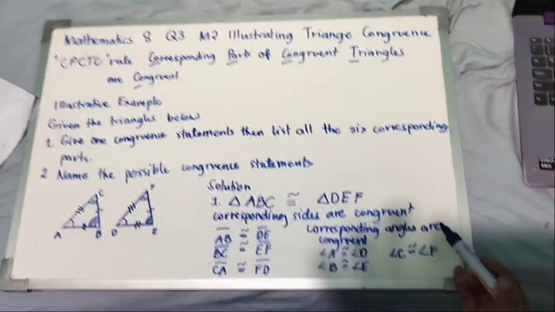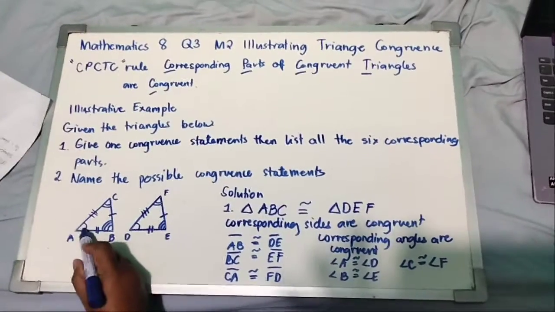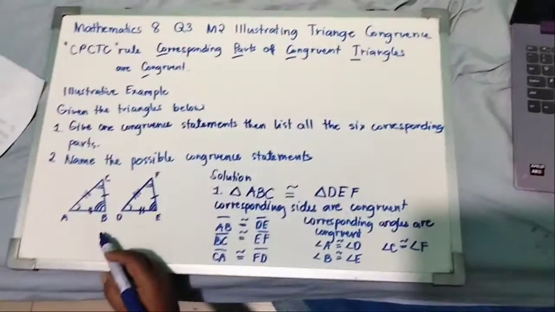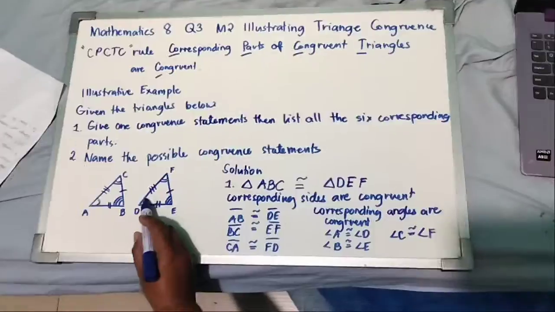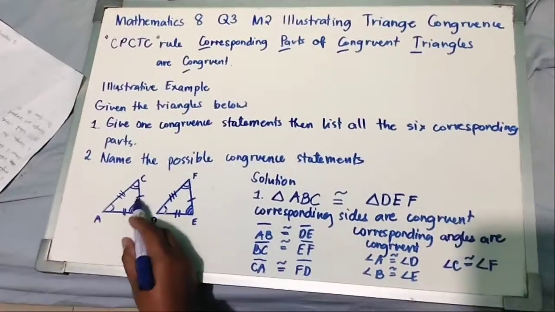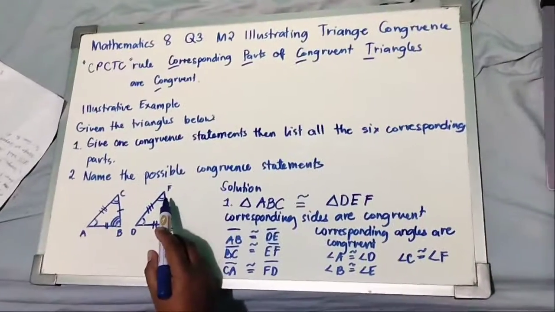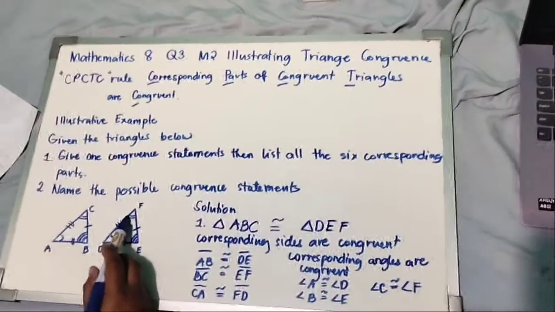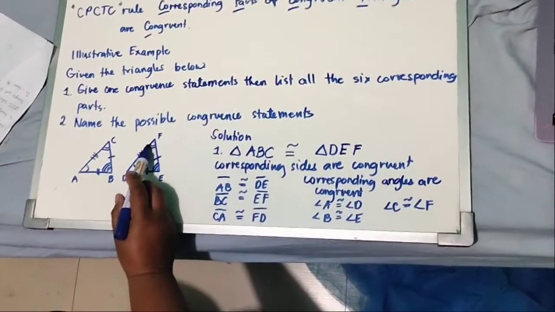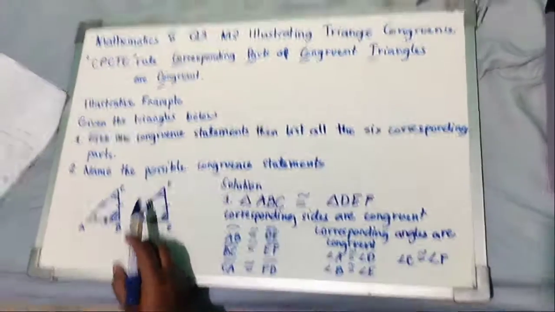Now for the corresponding angles, we have here angle A corresponds to, or congruent to, angle D. Angle B corresponds to angle E. And then angle C, which has two congruent signs for angles, is congruent to angle F. There are two congruent signs for angle F.